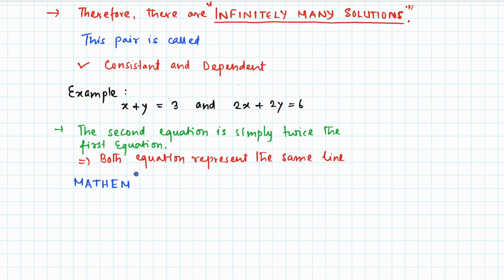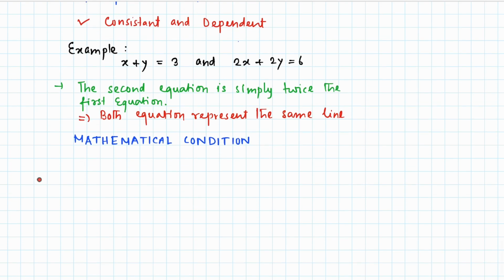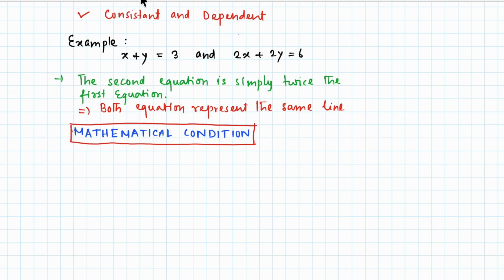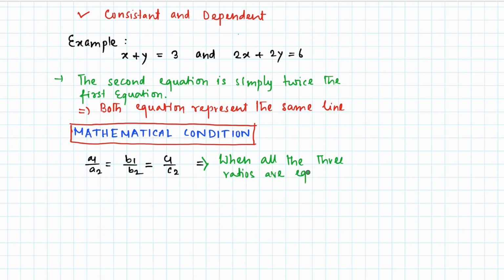Now mathematical conditions for this case. So what is the mathematical condition for case number 3? The mathematical condition is a1 by a2 equal to b1 by b2 equal to c1 by c2 for all the coefficients and constants of the equation.